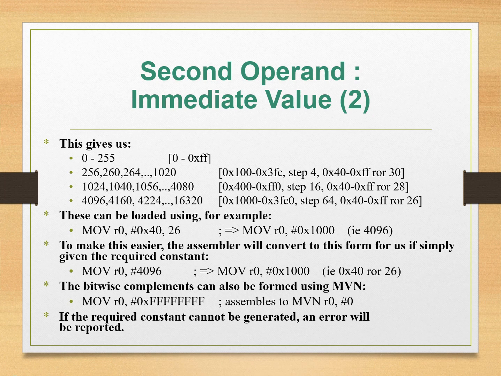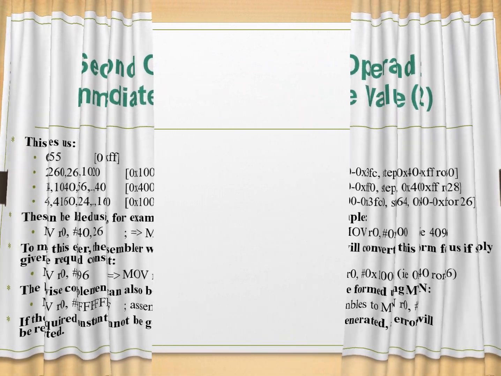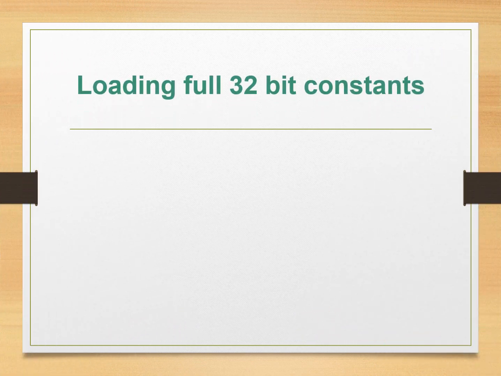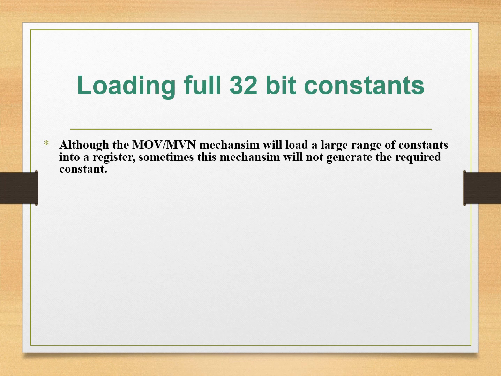So in that sense, you need to use another way in order to load a 32-bit constant.